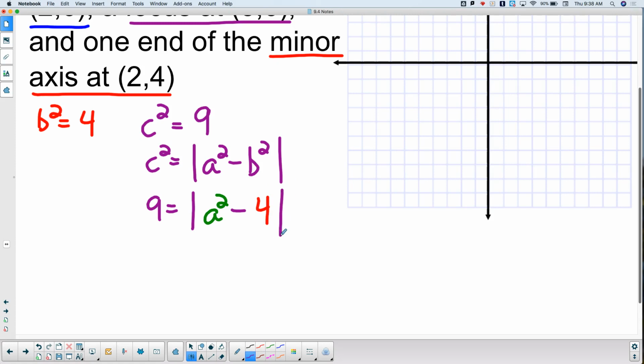So what minus 4 gets me 9? 13. So a squared has to be 13, because a squared can't be negative 5.